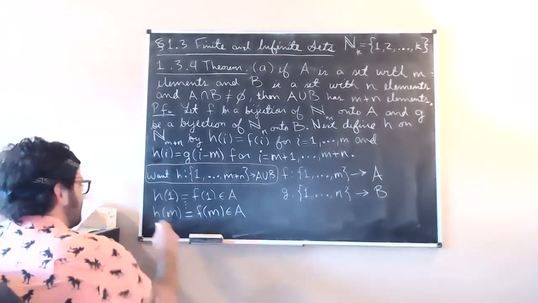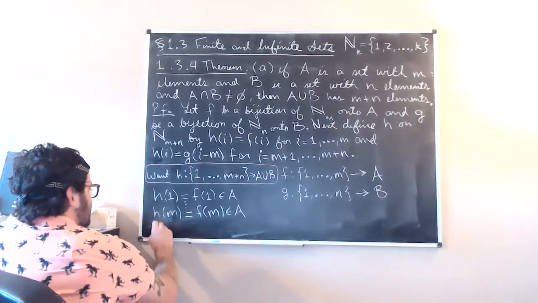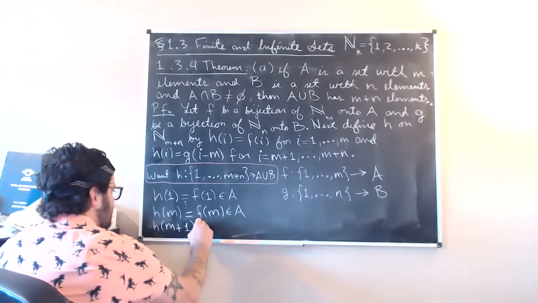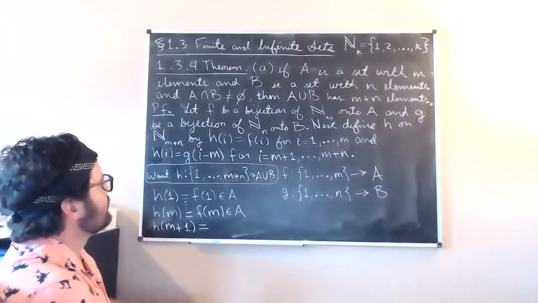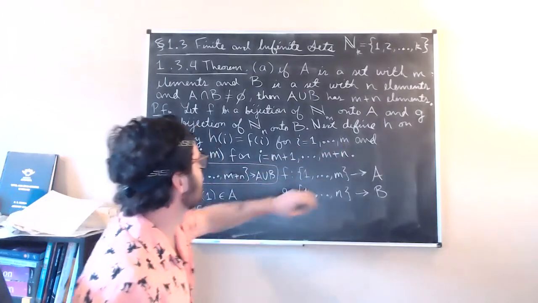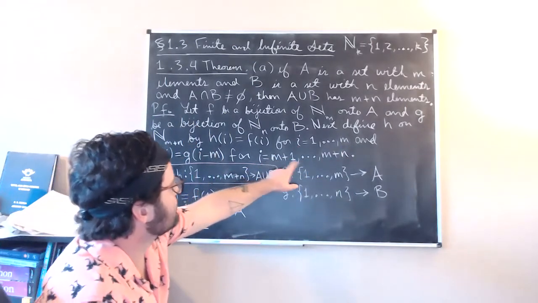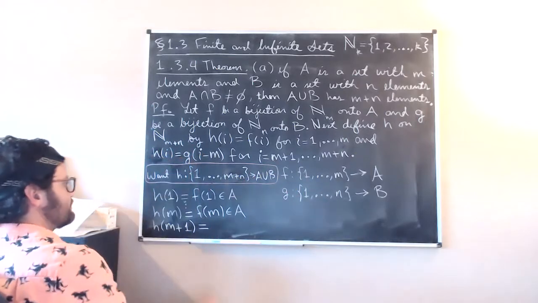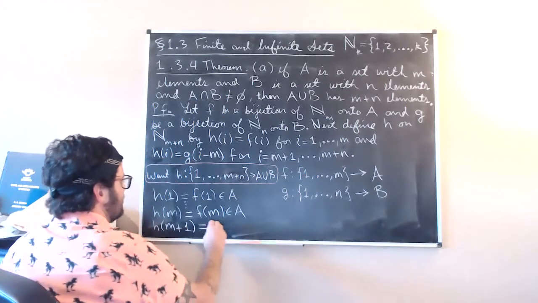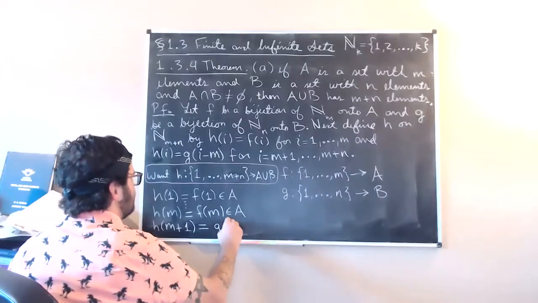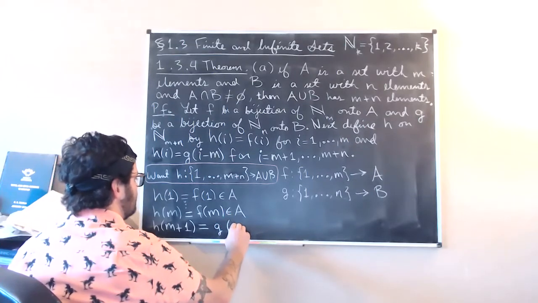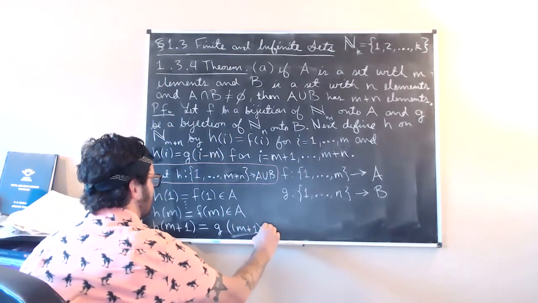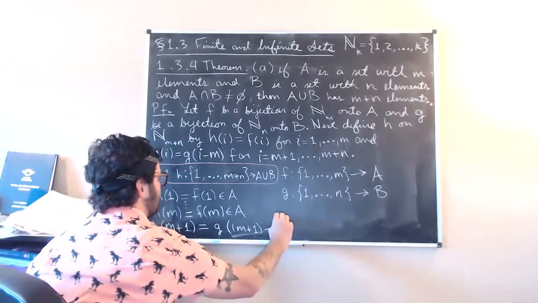But what about what's H of m plus 1? What's that? Well, now I is not less than or equal to m. I is less than or equal to m plus n and greater than m. So we're in this case. So H of m plus 1 is G of m plus 1 minus m.